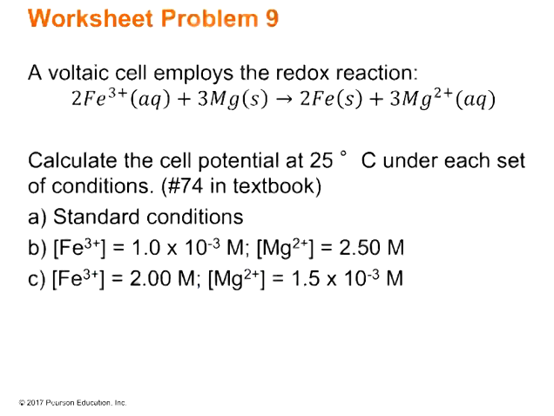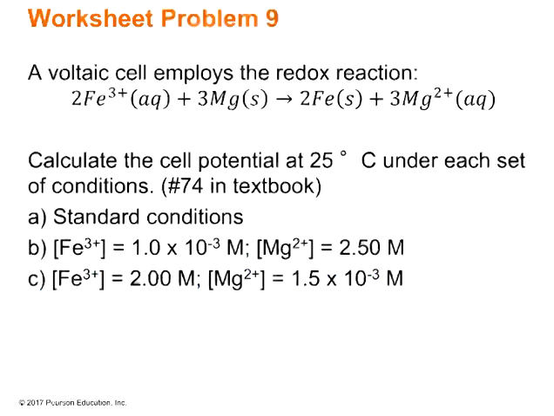All right, so let's work on worksheet problem 9. A voltaic cell employs the redox reaction where 2 iron 3 plus ions react with 3 magnesium atoms to produce 2 iron atoms and 3 magnesium 2 plus ions. So we're going to calculate the cell potential at 25 degrees Celsius under each set of conditions.